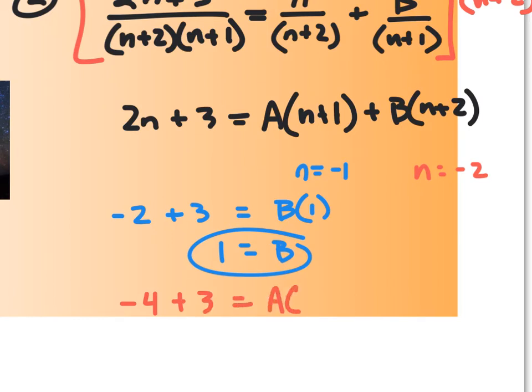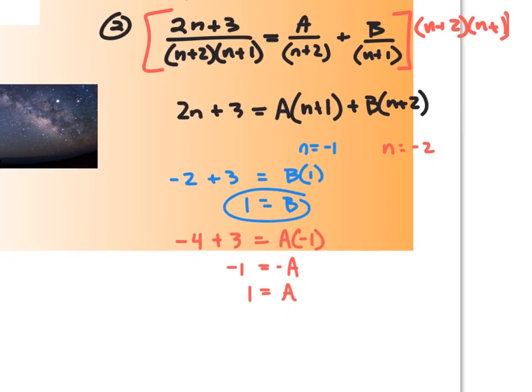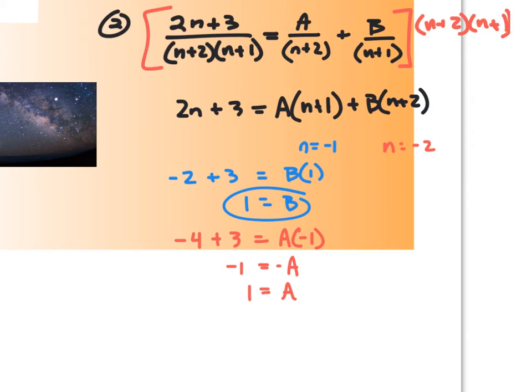That'd be a times negative 1. So then negative a would equal negative 1, so a would equal 1. So if I were to write this out, 2n plus 3 over n plus 2 times n plus 1 would be the same as 1 over n plus 2, that's a, plus 1 over n plus 1.